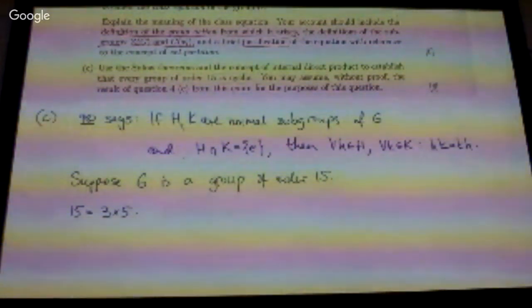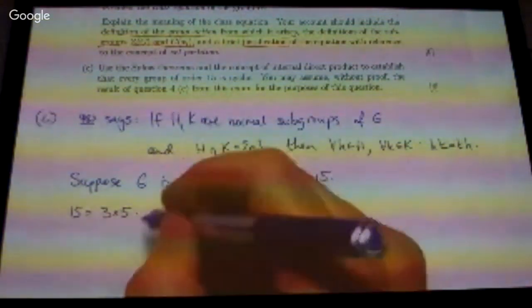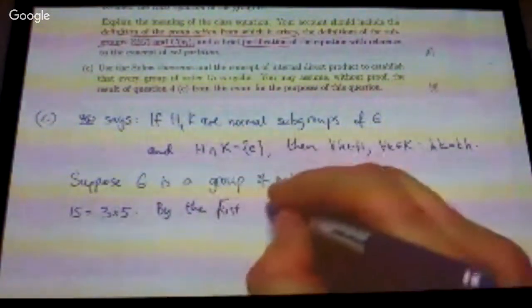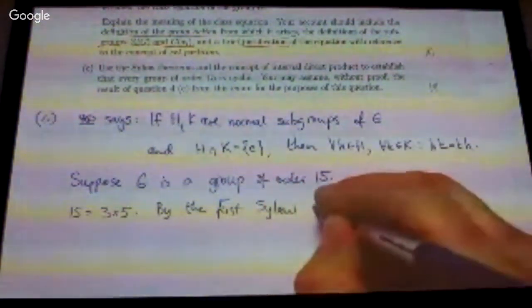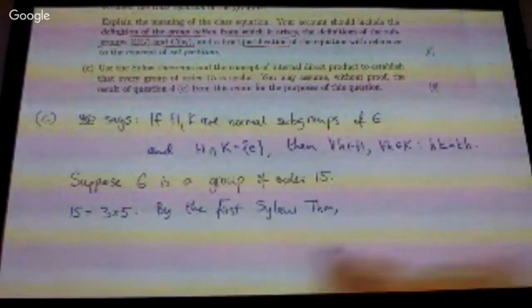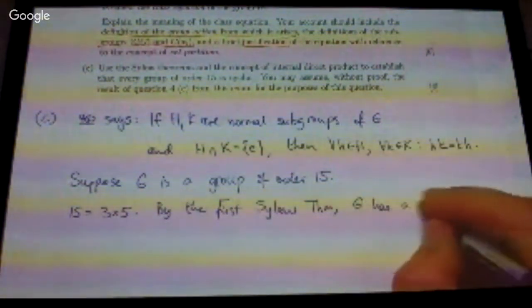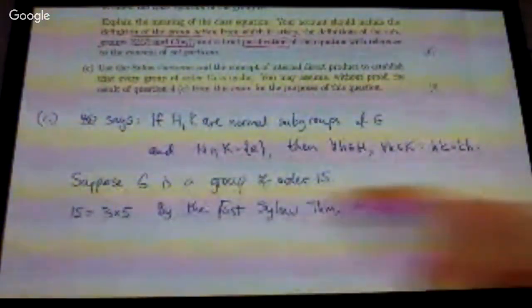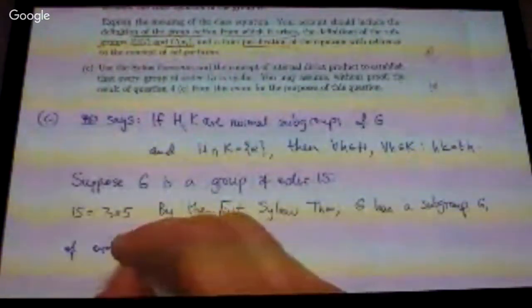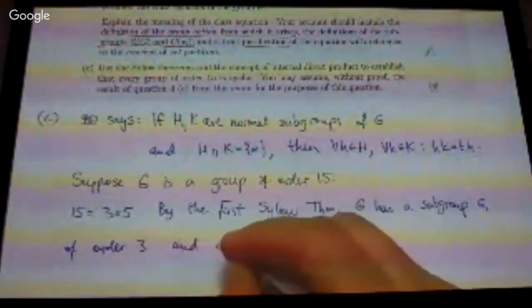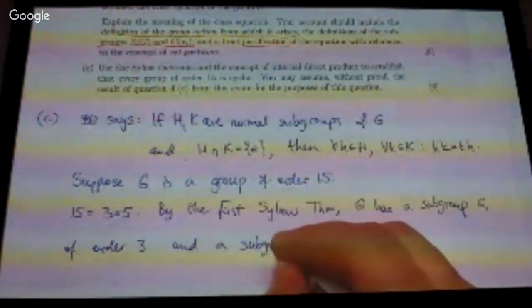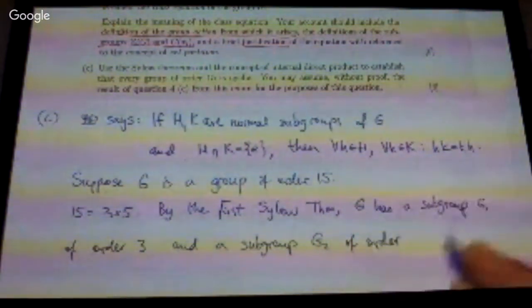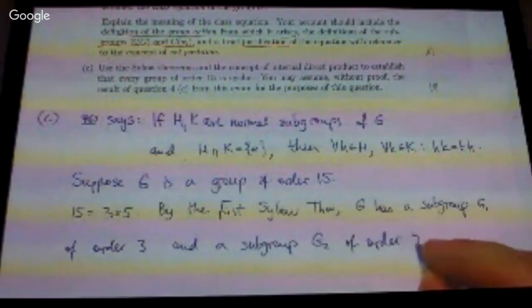So by the first Sylow theorem, G has a subgroup, let's say G1 of order 3 and a subgroup G2 of order 5.